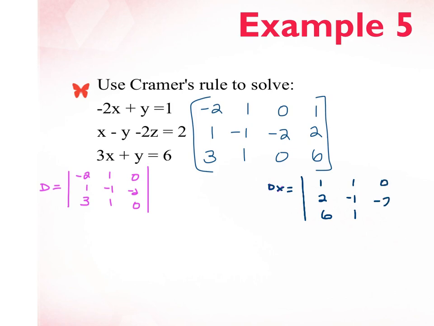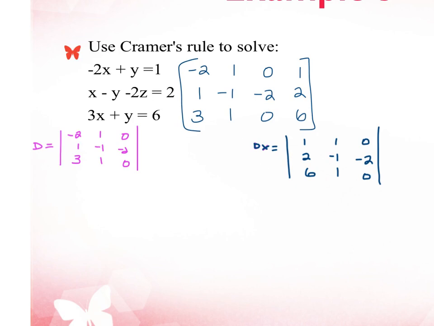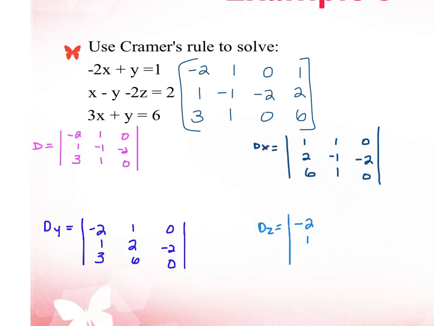The z's stay the same. D sub y, the x's match my original ones. This time the y's get replaced. And D sub z, the x's match the original ones. So the z's get replaced.